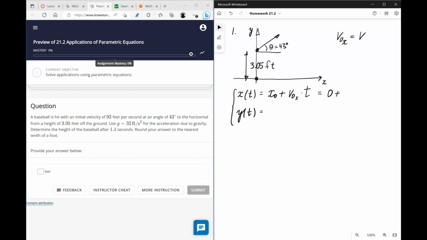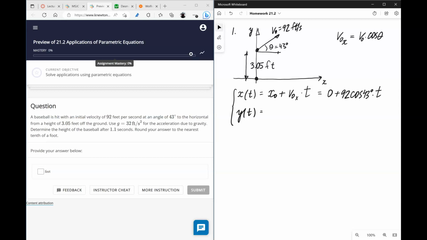We're going to take the initial velocity of 92 feet per second, and because we're looking at the x component of that velocity, we're going to multiply it by cosine of 43 degrees. So plugging it all into this formula, we get 92 times cosine of 43 degrees times t.